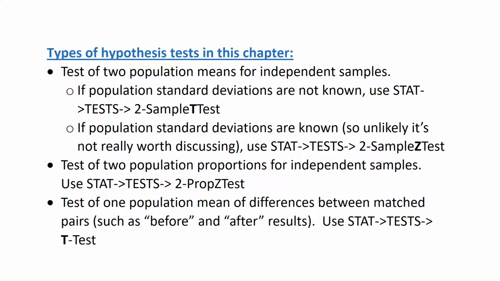And if we are going to either test a single population where we gather two measurements on each subject and find the difference, or we have two populations but we match our samples rather than finding independent samples, we are going to be conducting a matched pairs test of the difference between the two results. And we will use the same thing we did in Chapter 9 as if we had a single sample. Under stat tests, we will perform a t-test.